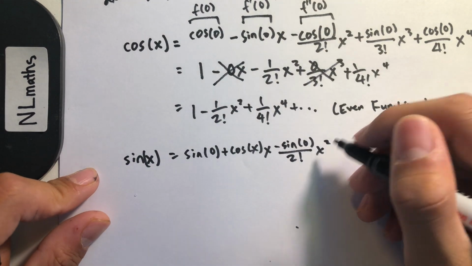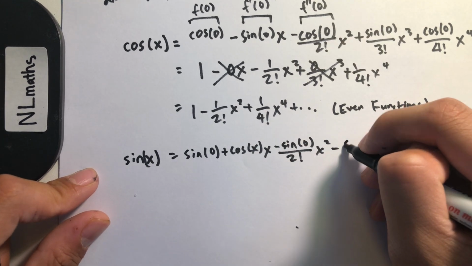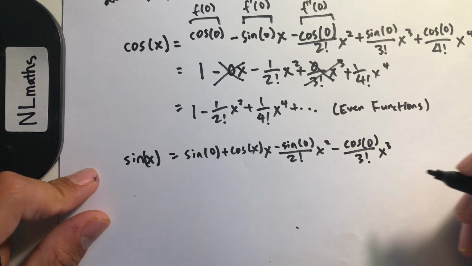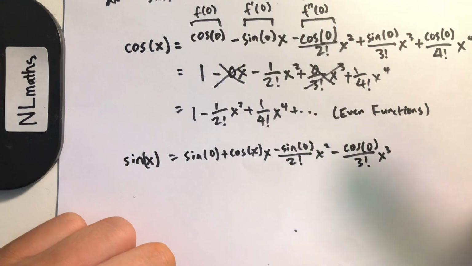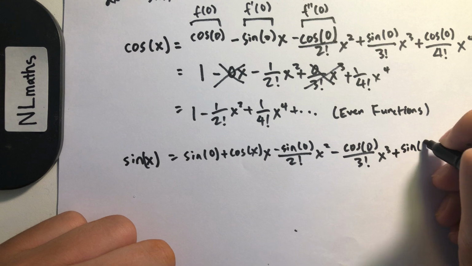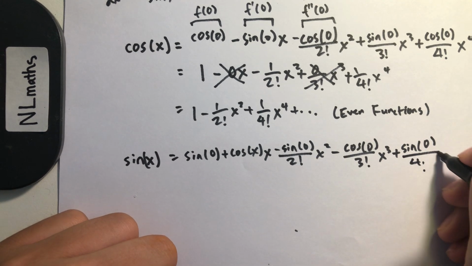And then the derivative of sine 0 is cosine, so negative cosine. Okay, and then the final term of our Maclaurin series is going to be the derivative of negative cosine, which is sine, over 4 factorial x to the 4.